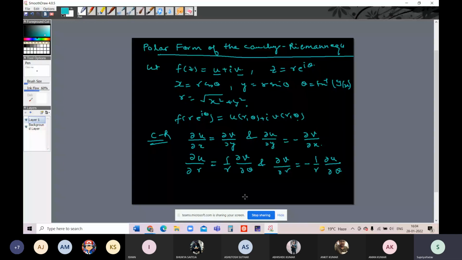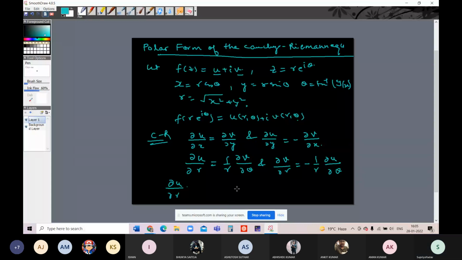Yes, you can easily prove it, because you can write ∂u/∂r or ∂u/∂x in terms of r and θ by using the chain rule.